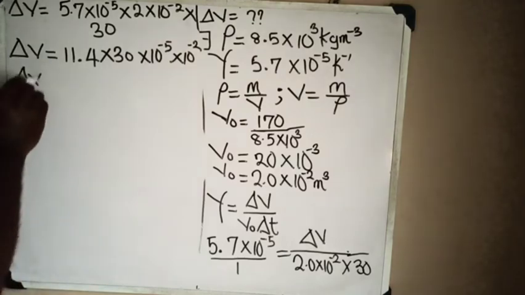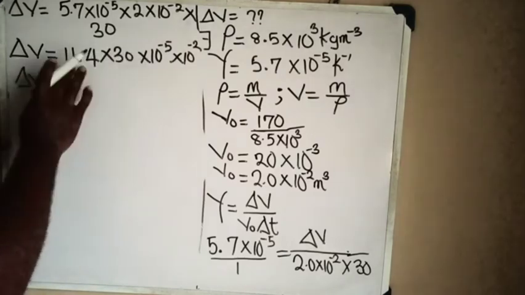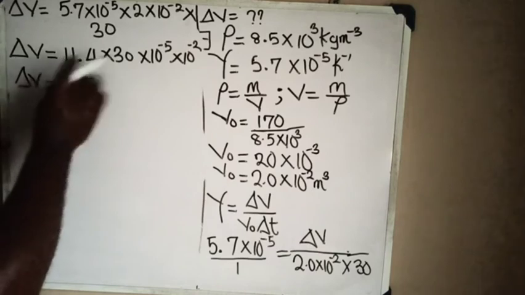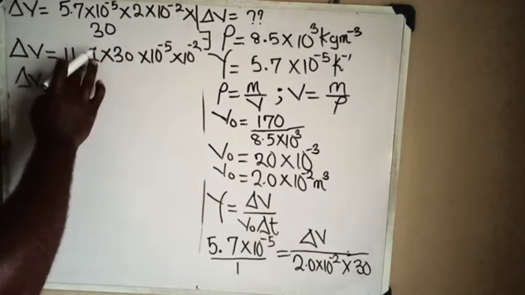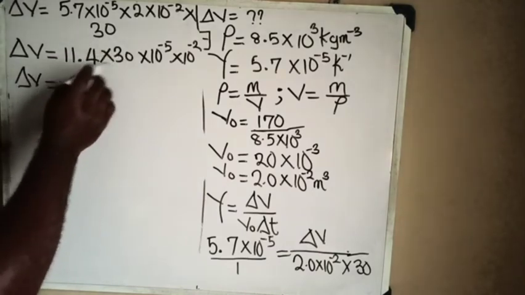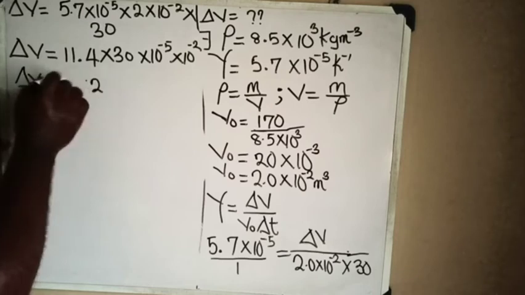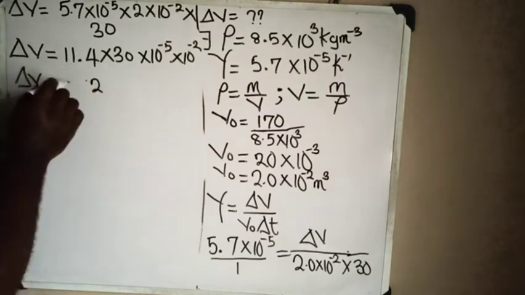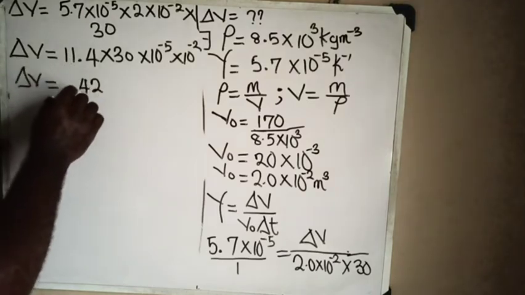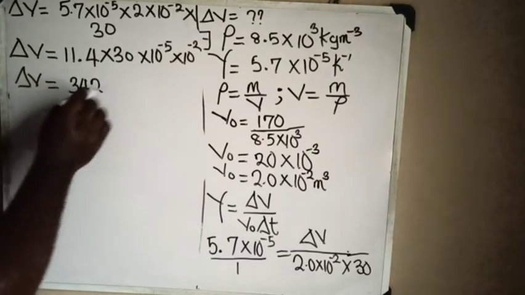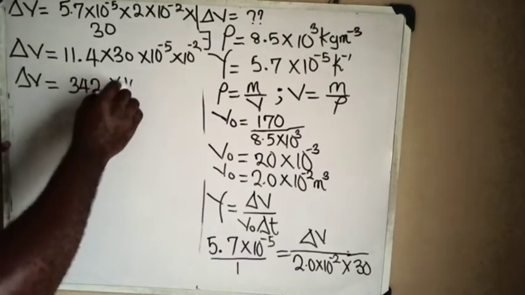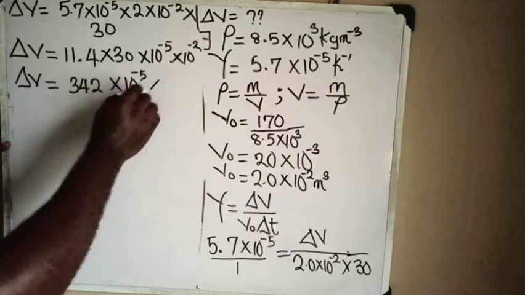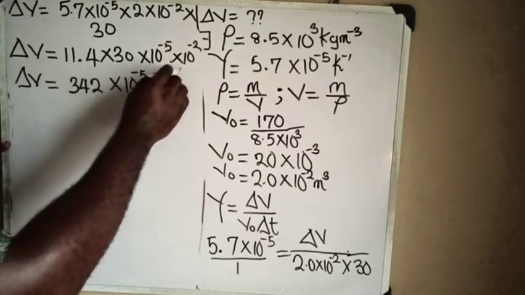Change in V will give me what? 30 times this, as the 0 will move this point to the right. 3 times 4 is 12, carry 1. 3 times 1, 3 plus 1, 4. 3 times 1, 3. That will give me 342 times 10 to the power of negative 5, 10 to the power of negative 2.